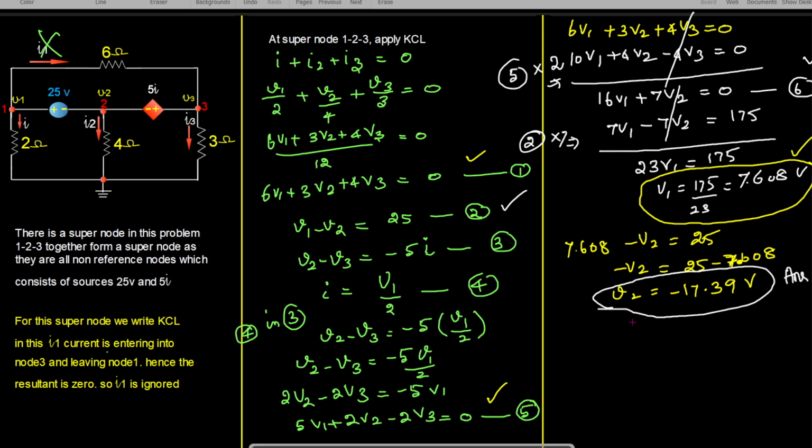Now substitute this V1 and V2 in the first equation, and we'll get the answer for V3.